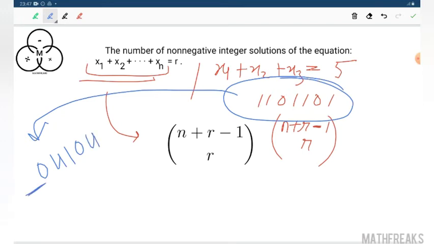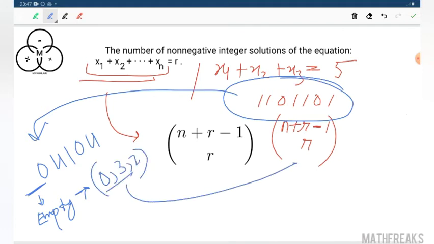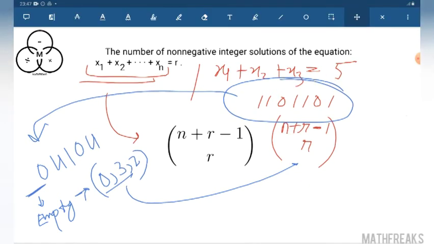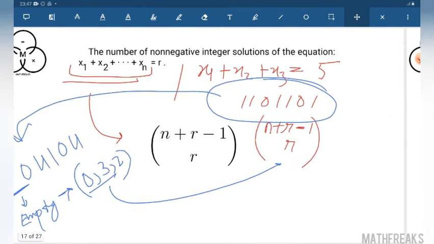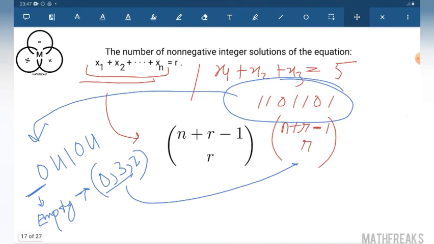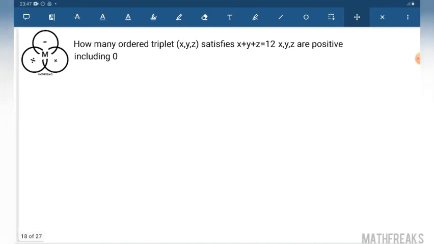This is empty, which indicates the ordered pair as 0 3 2, which also comes under this formula. We are covering all the aspects. So this formula is valid. x1, x2, xn can be 0 also.